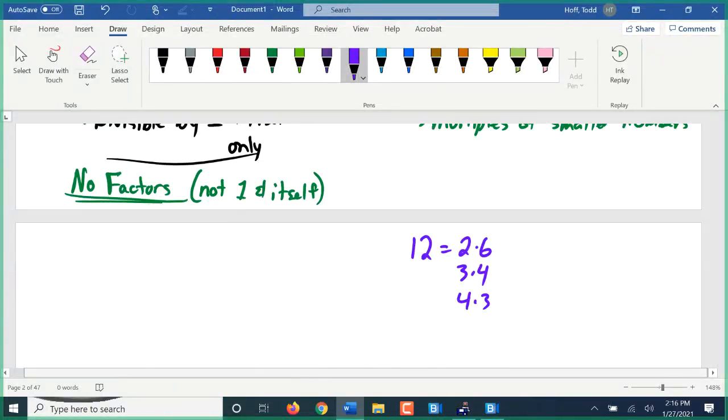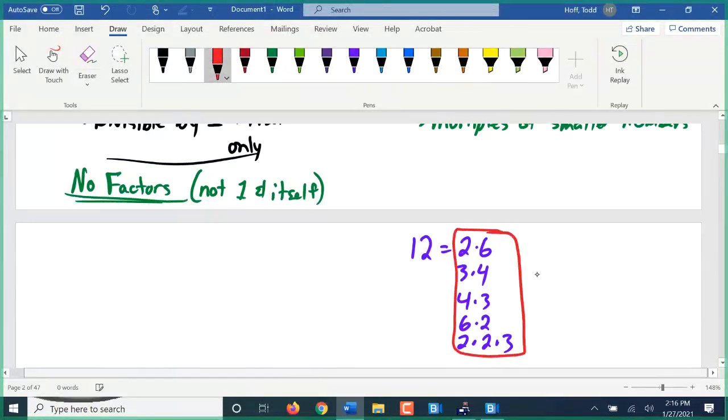But 12 times 1 would work as far as divisibility, but it doesn't work for factors. 6 times 2, or we can split it up. It doesn't have to be just 2 factors. It can be 2 times 2 times 3 if we wanted to. Those are all smaller numbers that multiply to make 12. Those are all factors.